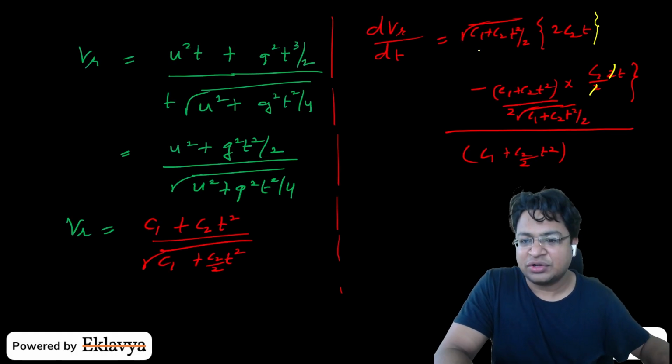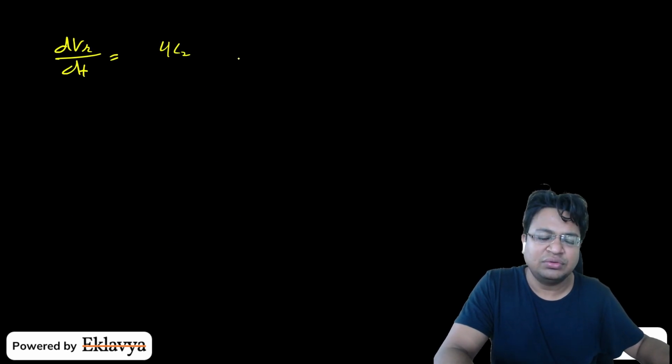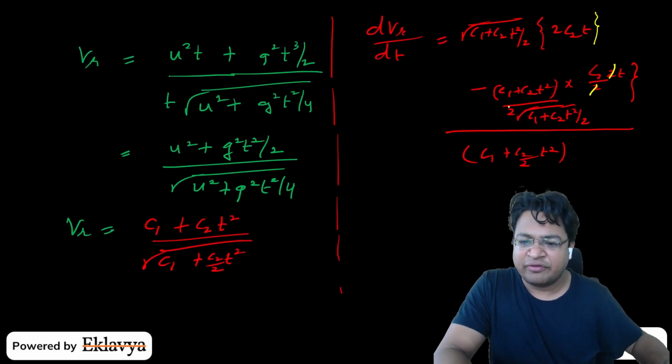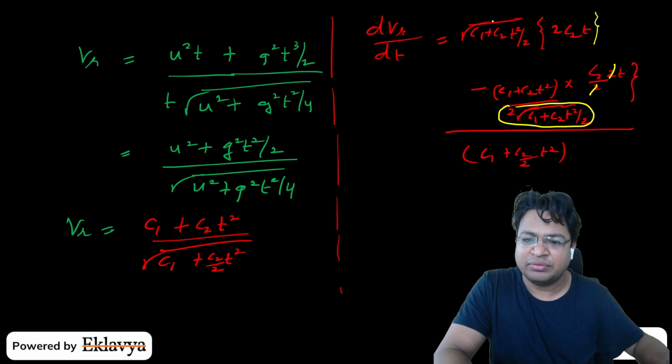Guys, you can do this math yourself also, because you will understand better that way. If you try to do this yourself, you will have better chances of understanding. So this 2 and 2 will become 4C2, okay, so 4C2 multiplied with C1 plus C2 T square by 2. All right, so I've multiplied this entire thing with this entire thing.